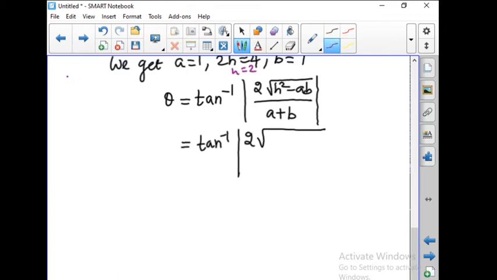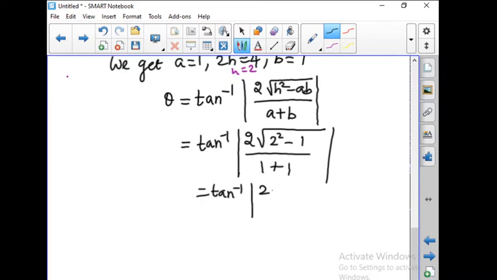So h is equal to 2. So 2 square minus ab is 1 divided by 1 plus 1. So this is tan inverse of 2, root of 4 minus 1 is root 3 divided by 2. 2 and 2 will get cancelled. So tan inverse of root 3.